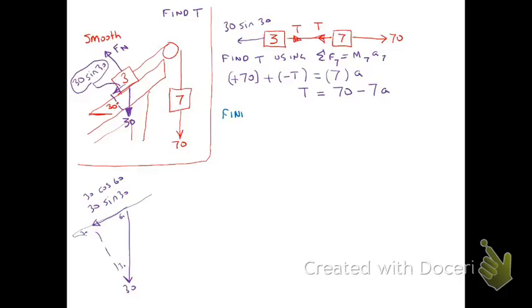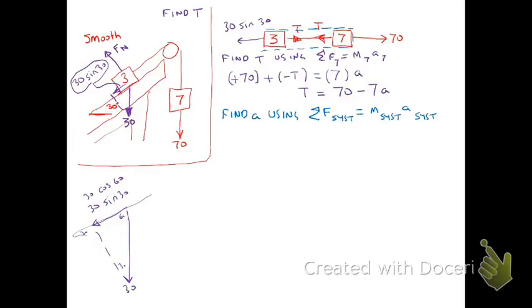Find A using the sum of the forces on the system is equal to the mass of the system times the acceleration of the system. So now I'm looking at my system, of course, that entire combination.